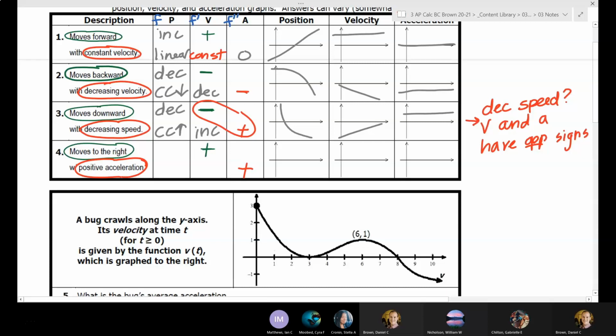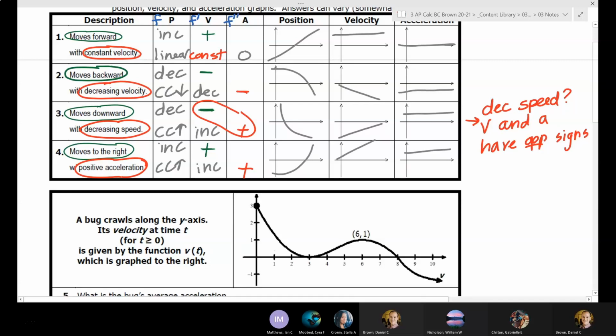So you have something looking like that. And then for the fourth one, moving to the right is associated with positive movement, and then a positive acceleration. So we have concave up and increasing again, but positive means my function would be increasing. So I have increasing and concave up, increasing and positive, and then positive.